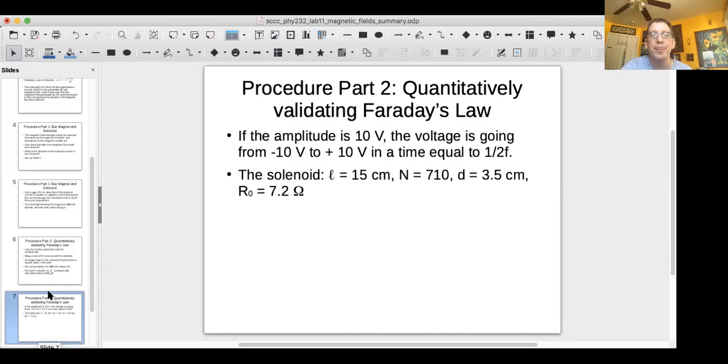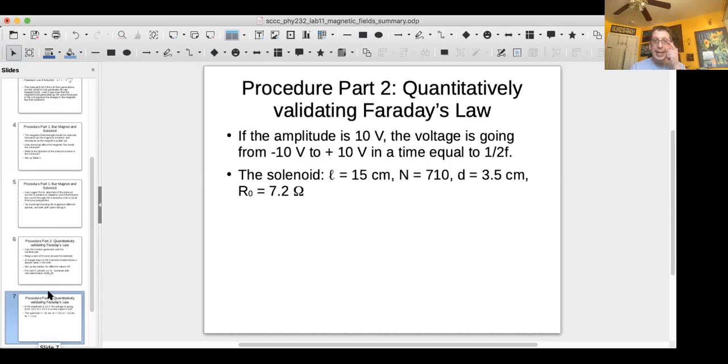And so that gives you enough information to figure out how the voltage is changing with respect to time. And then going from the specifications of the solenoid, you should figure out how the current is changing with respect to time and how the magnetic flux is changing with respect to time.